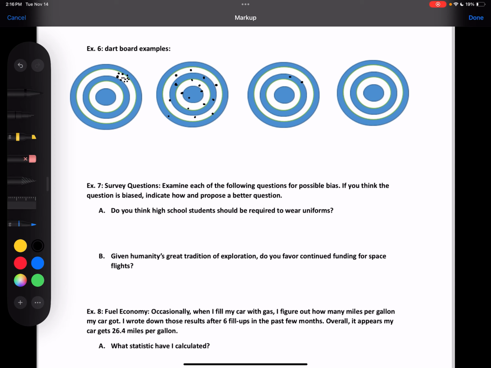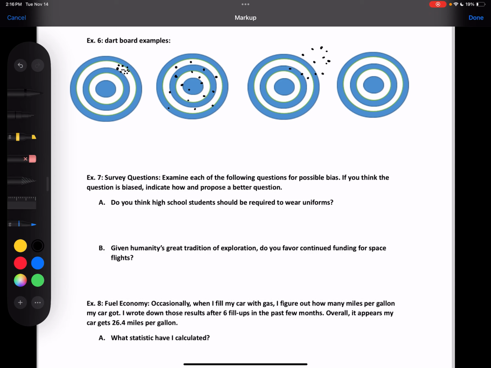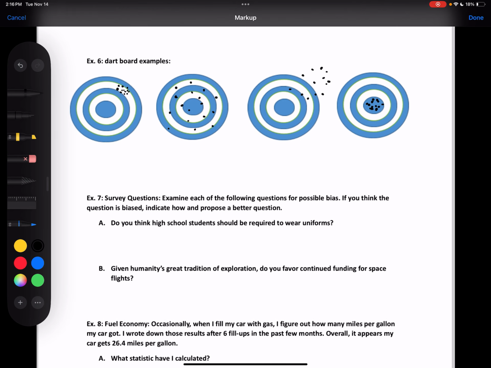This is how I be shooting darts. Oh my gosh, it keeps getting pushed back, my package, my shoes.